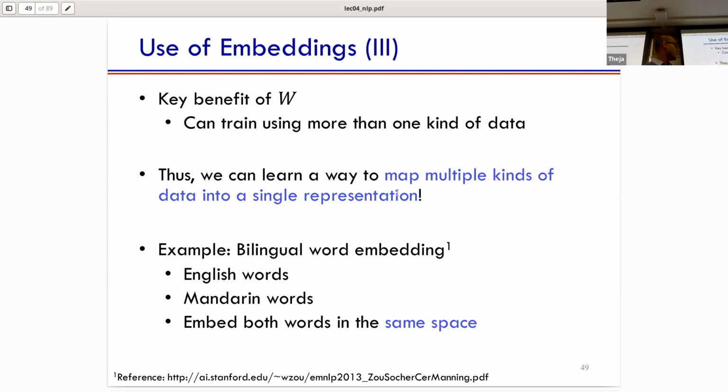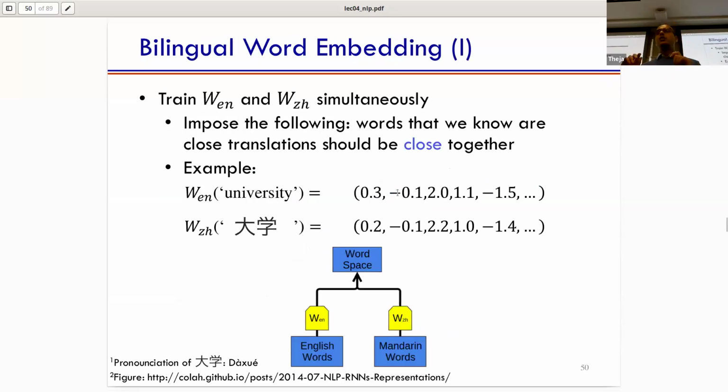Where you have English words and Mandarin words, and you can put them in the same vector space. For some words, you may know that these words are related to each other across the two languages. For example, the word university and this word here should both have similar vectors because they correspond to the same concept in two different languages.